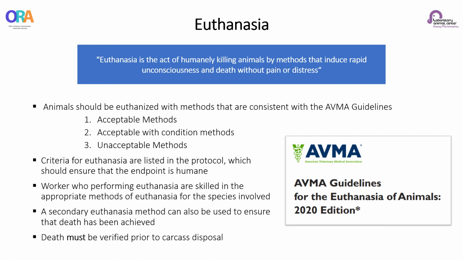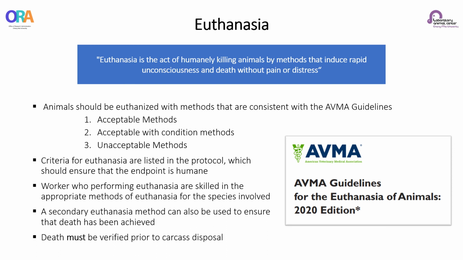In general, chemical methods such as barbiturates or inhalant anesthetic agents are preferred over physical methods such as cervical dislocation and decapitation, which are hard, but sometimes appropriate for some species and some ages.